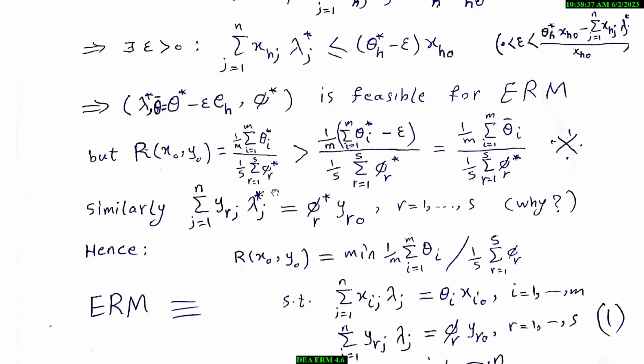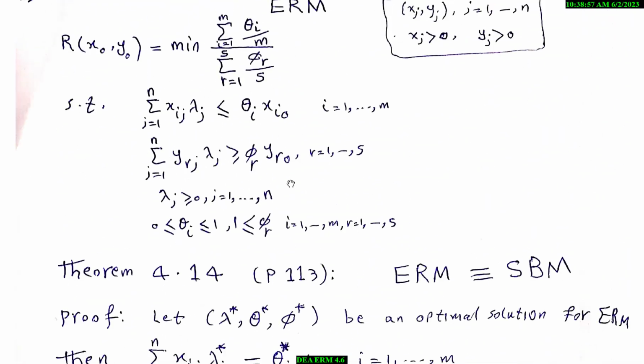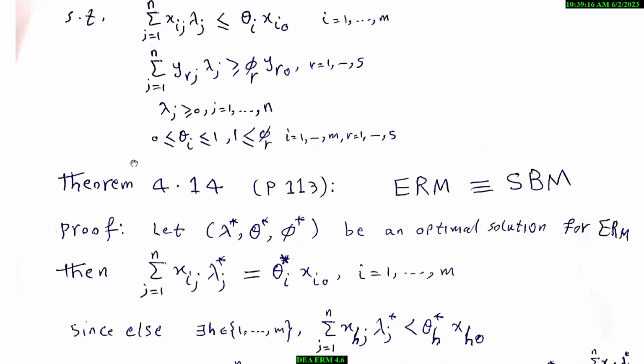Similarly, we have all the constraints for the outputs also in equality for y. Hence, now that we know in the optimal solution all these inequalities are in equality, all are binding, so we can change these to equality, and this model is equivalent.